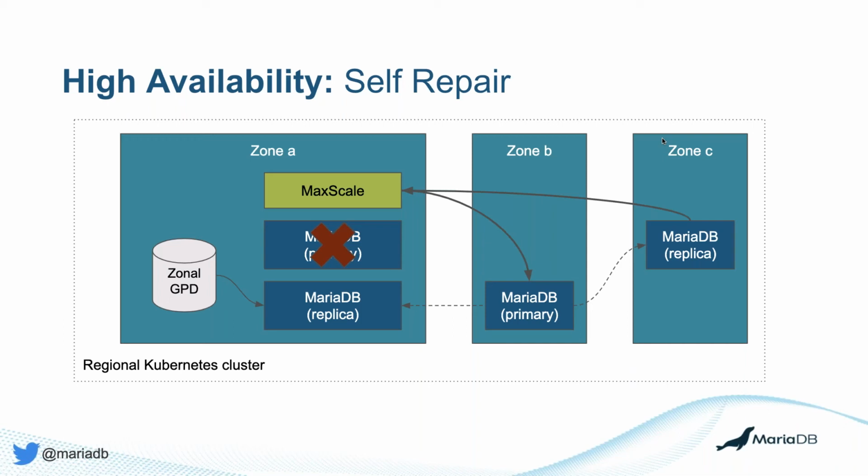And then it will create that as a replica. Now, because we have the zonal persistent disk here, we don't have to worry about loss of information. And then we can simply set up the replication from now the primary that exists inside of Zone B to the replica that has been spun up in Zone A.